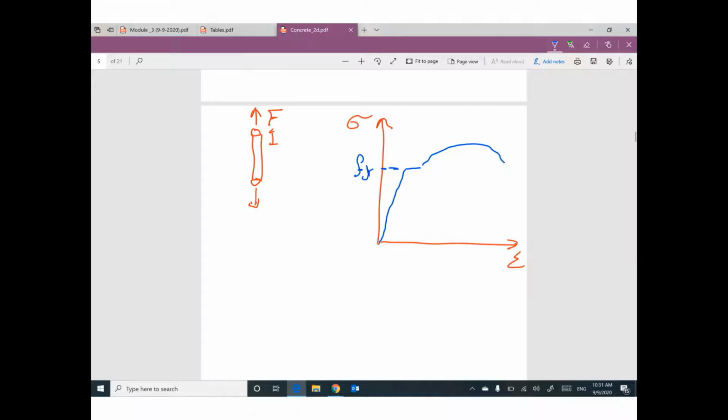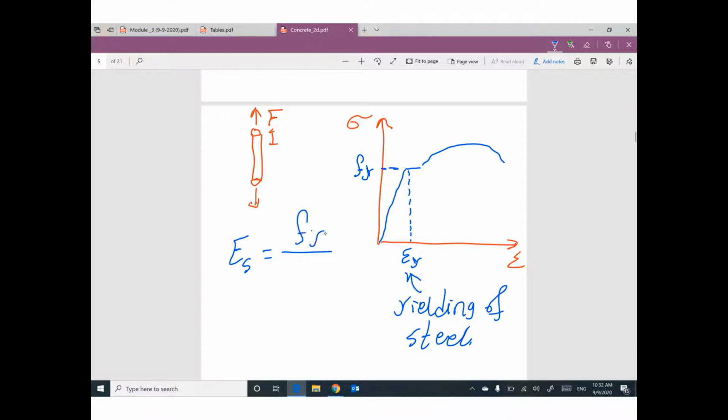At this location, we have epsilon yield, the yielding strain of steel. And everybody knows that E, Young's modulus of steel, equals F yield divided by epsilon yield.